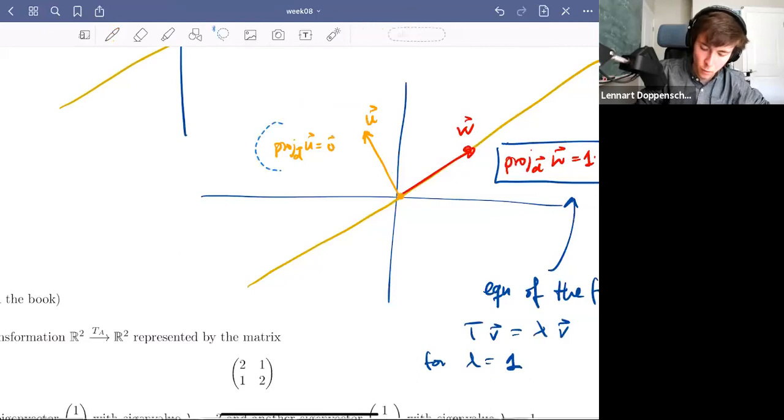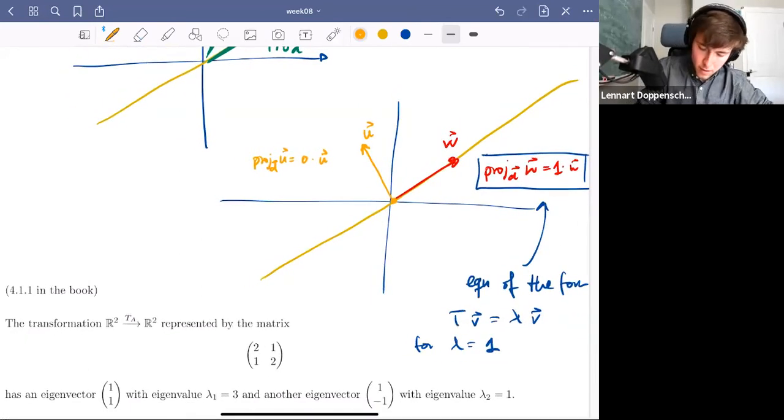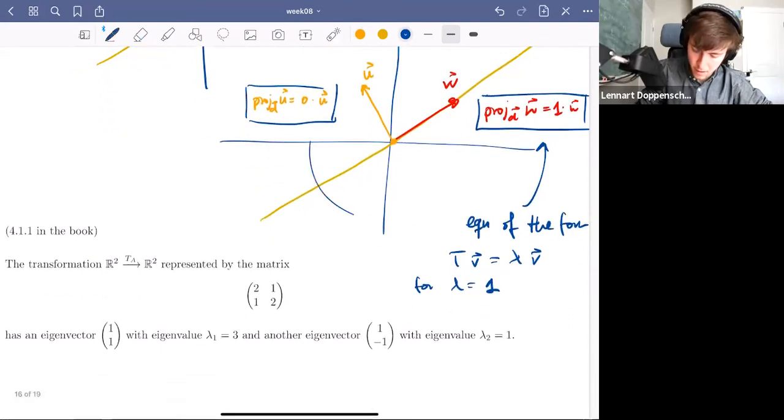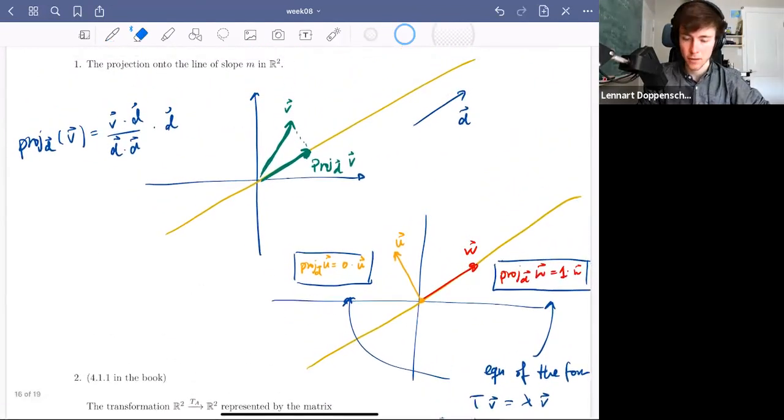But a somewhat different way of writing this is that this is 0 times the vector U. So we've pattern matched another equation to fit the format of the eigenvector equation. This means the projection has 2 different eigenvalues.